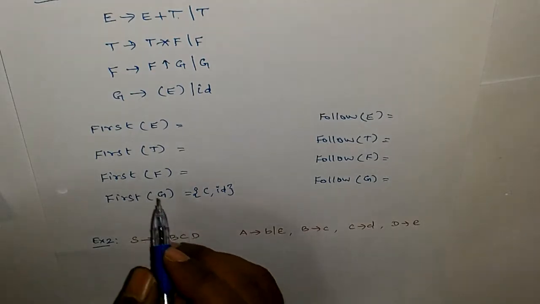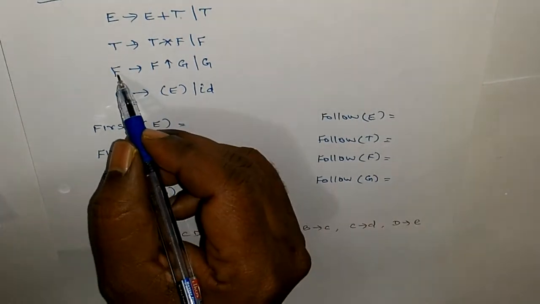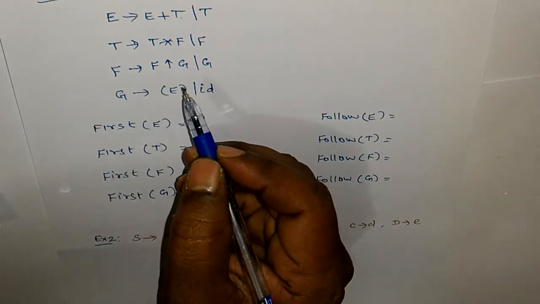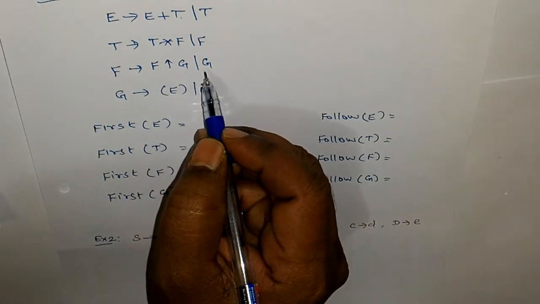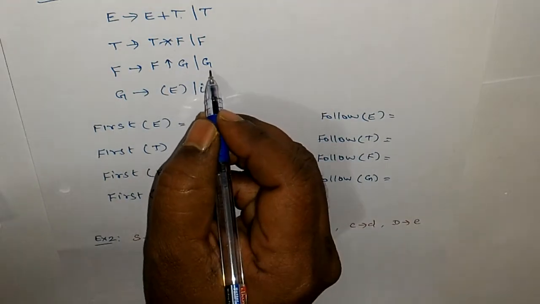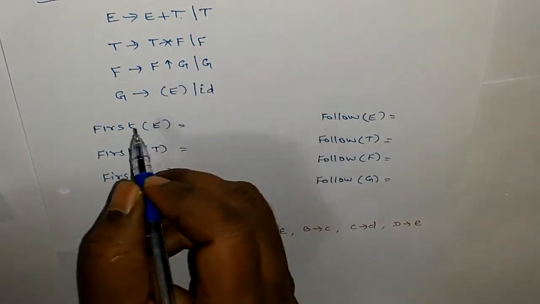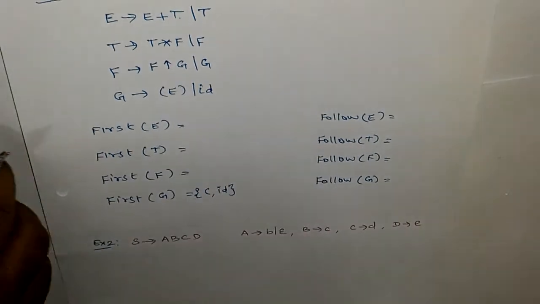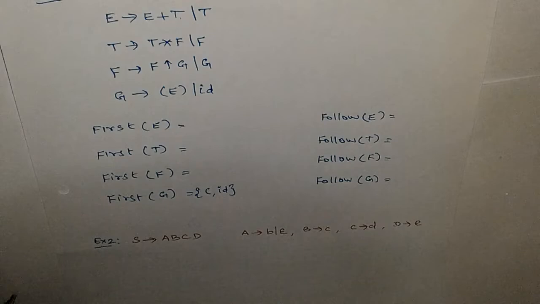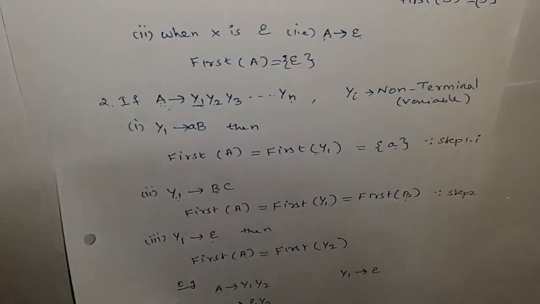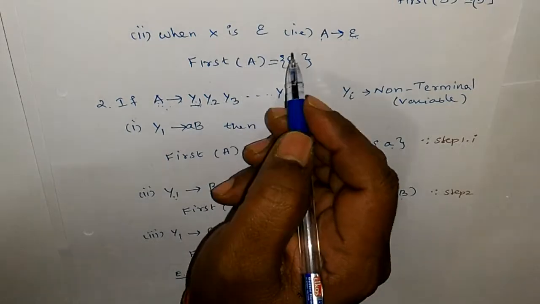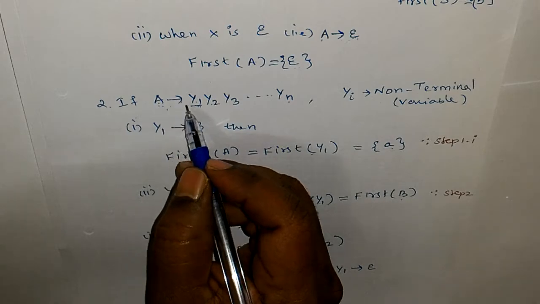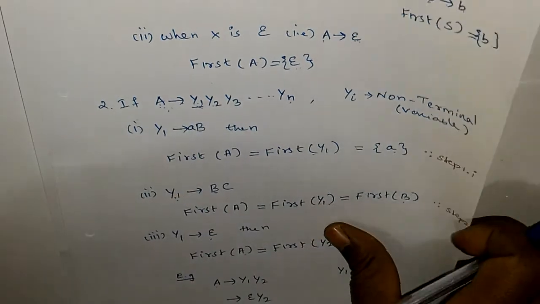Then we have to find the first of F. So here first of F is again first of F, so what we have to do, we have to find the first of G. So we can go for this one. Here G is the non-terminal. So if any LHS produces a non-terminal, then we have to find the first of that non-terminal.